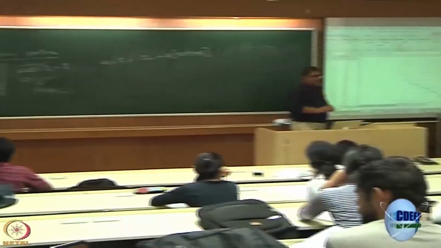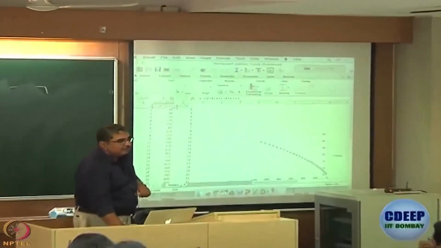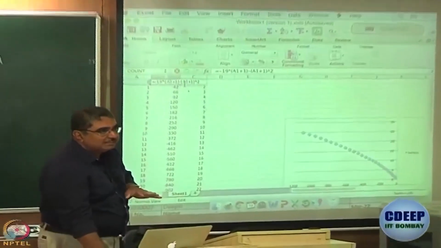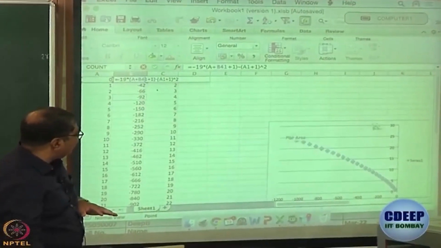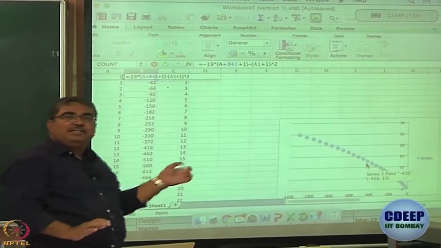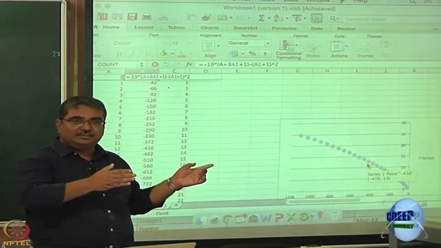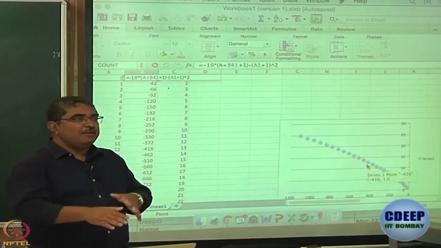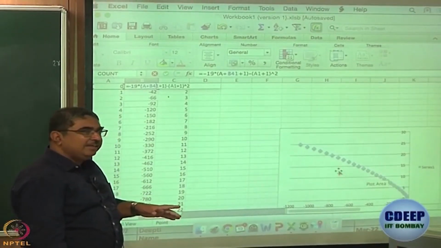So 19 is B dash plus B, and this is B dash minus B. If this is the scenario, you get this kind of a parabola. What does each point indicate? Each point indicates the position where the line occurs, in terms of B and B dash. So what you see is it keeps decreasing.